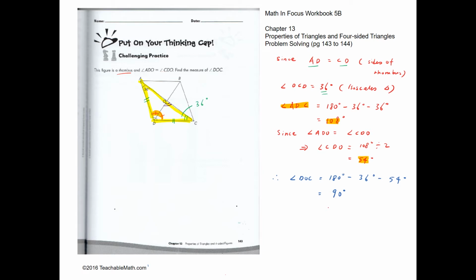So now we know that this angle here is 54. We know this is 36. To find this angle, we just have to take 180 minus 36 minus 54, and the answer is 90.